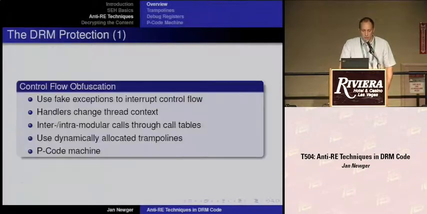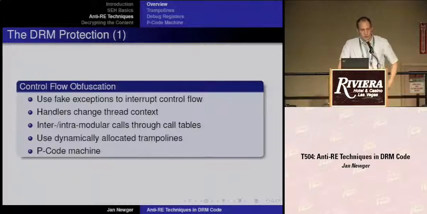Okay, so the DRM protection actually deals with two major techniques to scare off reverse engineers. It's control flow obfuscation on the one hand, and on the other hand, it's anti-debugging tricks. For control flow obfuscation, the DRM system uses a vast amount of fake exceptions to interrupt control flow at runtime.